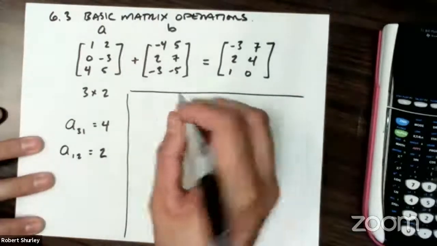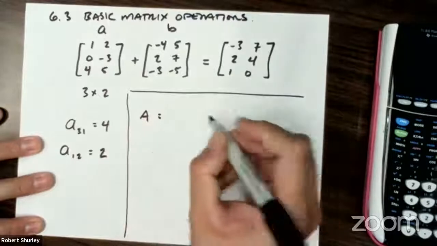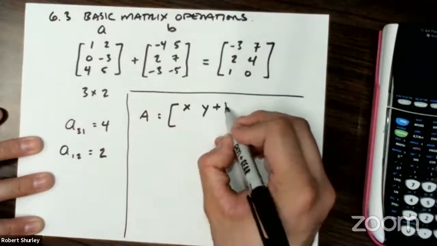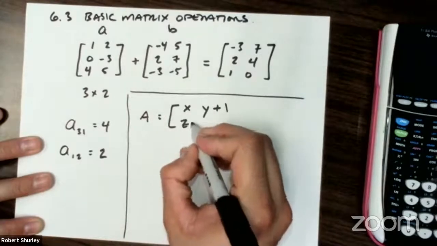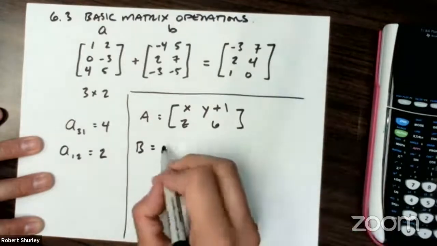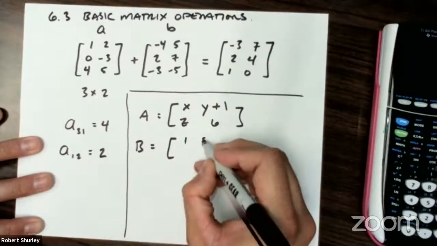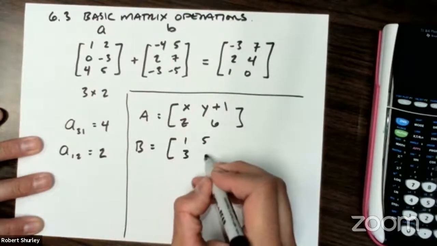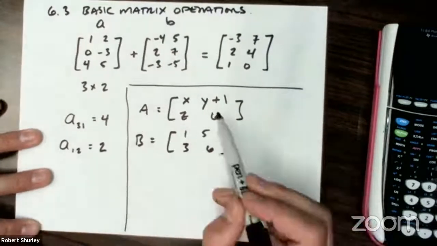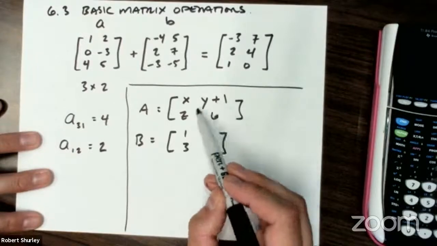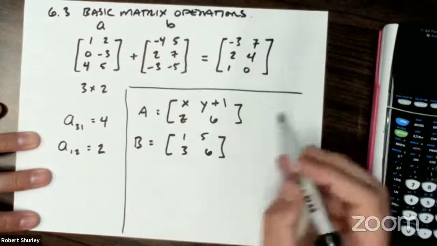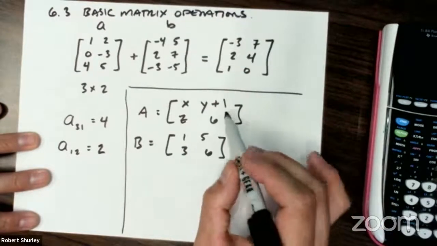Let's say A equals x, y plus 1, z, 6, and B equals 1, 5, 3, 6. So we've got the A matrix and then B. Notice each of these are 2 by 2 matrices, okay?